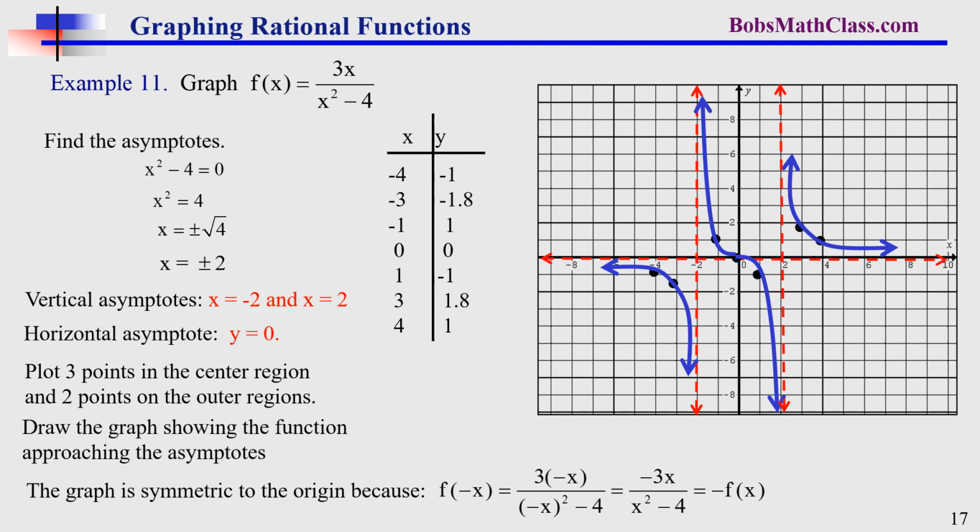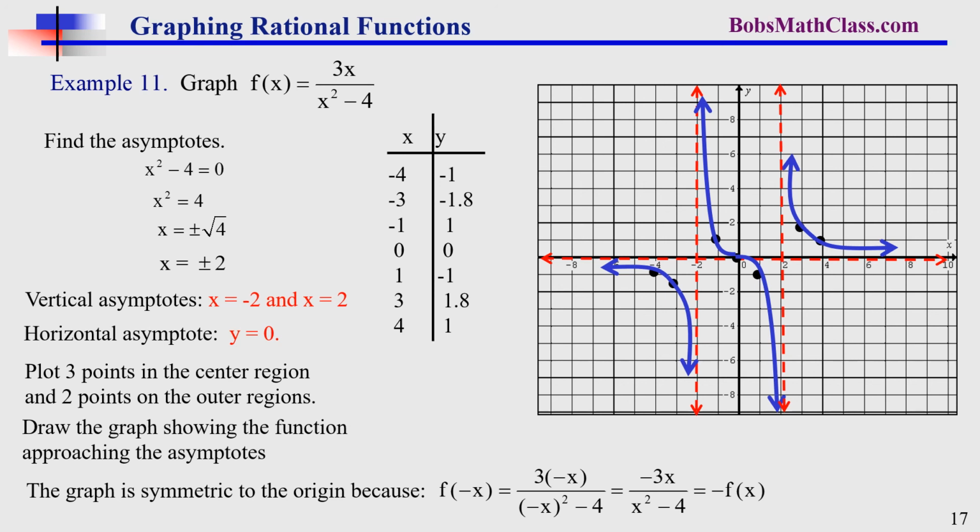Oh, sorry. Last little note. This one is symmetric to the origin. We're talking about even and odd functions. Just note that it's an odd function because if you replace x with negative x, you get a negative f of x, which means it's an odd function, therefore symmetric with respect to the origin.